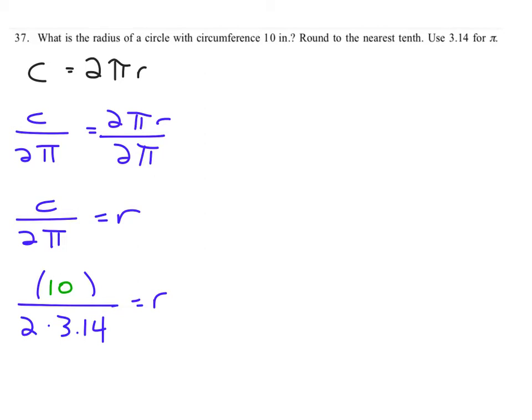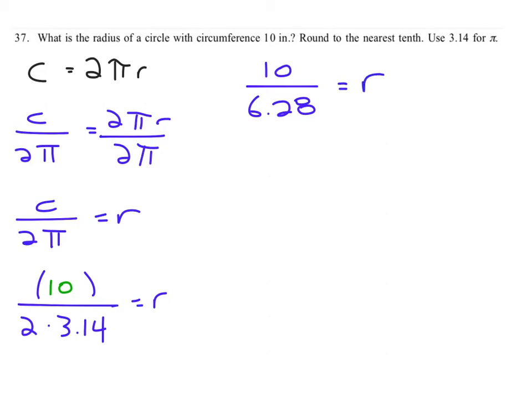And what do we get? Well, we're going to get 10 divided by 2 times 3.14, which is 6.28, equals r.